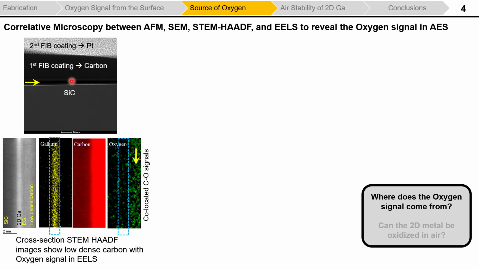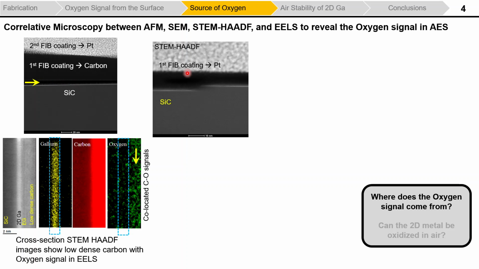One of them has a very low intensity in the HAADF. So to differentiate between these two carbons and make sure that the carbon with low-density HAADF is from our material, we did another sample where we applied our FIB coating of platinum first, without any carbon coating.